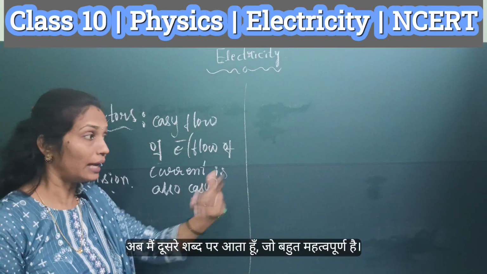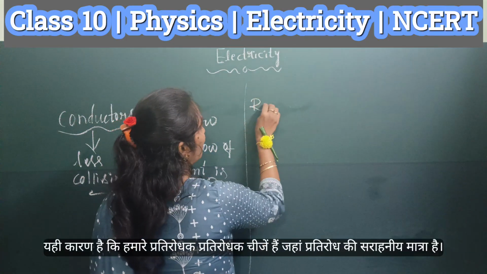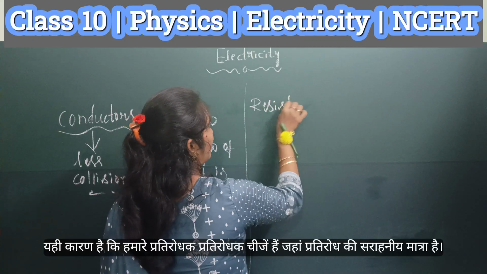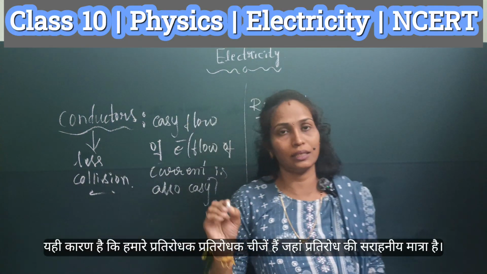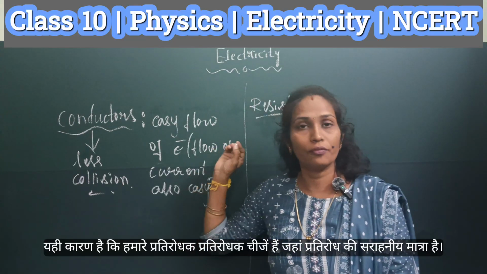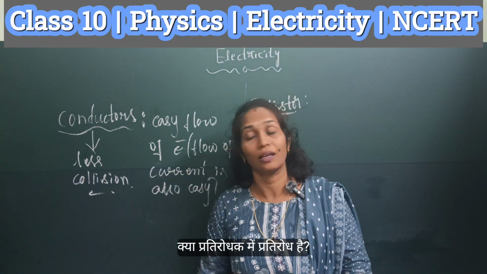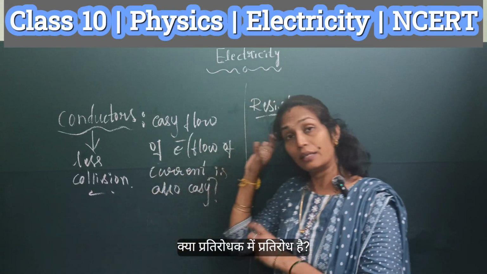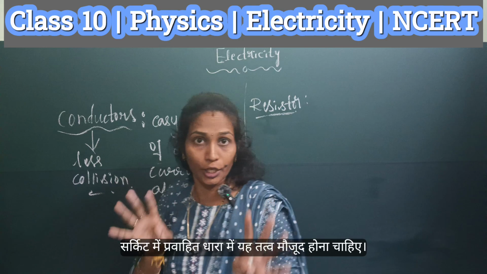Now I'll move on to another term which is also very important, that is our resistor. Resistors are the things where an appreciable amount of resistance is there. A resistor should be there in the flow of current, that is in a circuit.